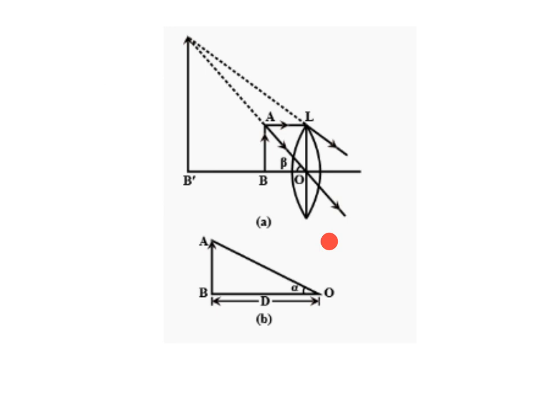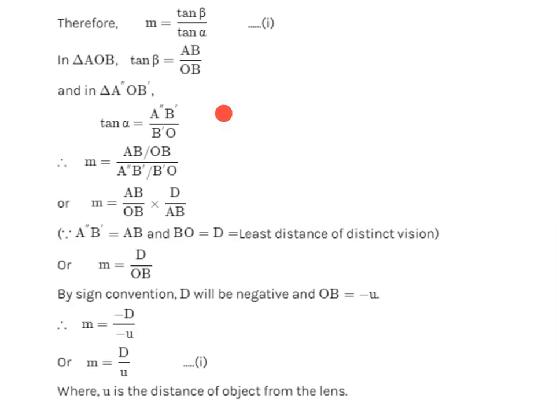If we consider the triangle ABO, then tan beta is equal to AB upon BO, and if we consider the triangle A dash B dash O, then tan alpha is equal to A dash B dash upon B dash O.